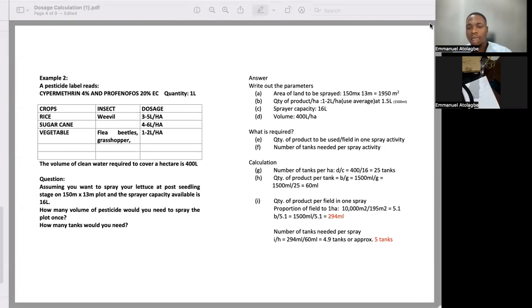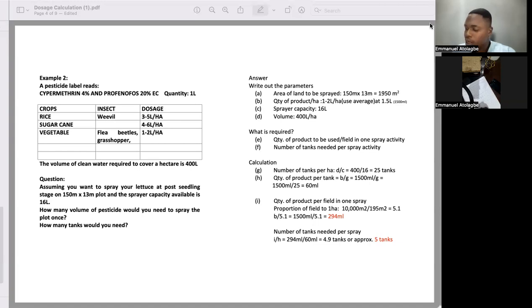That is, you can get 5 times our plot of land in a hectare. So the 1,500 ml per hectare will now be divided by that 5.1.